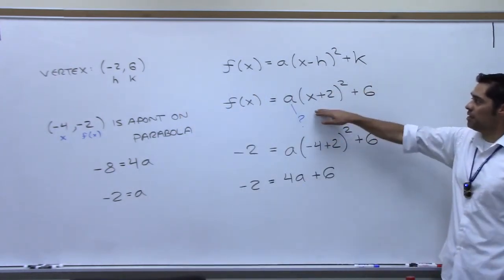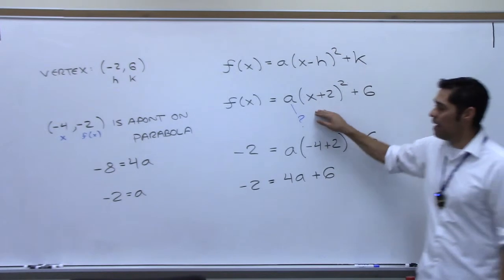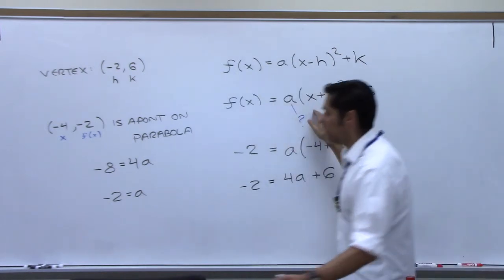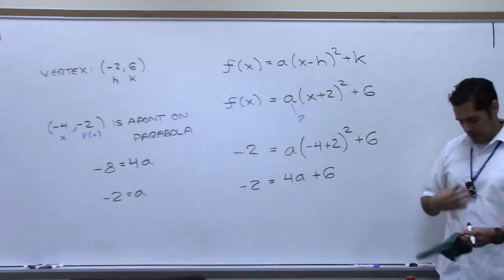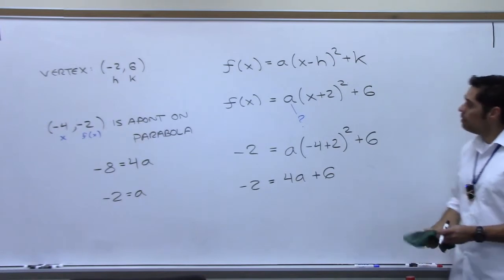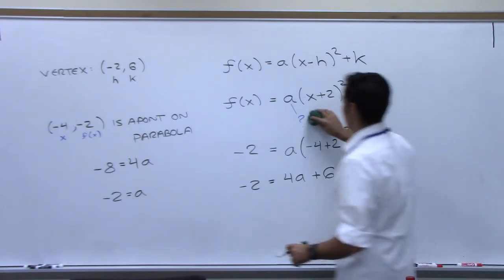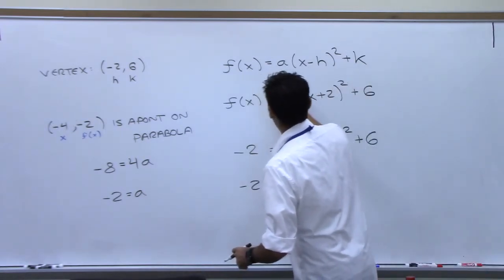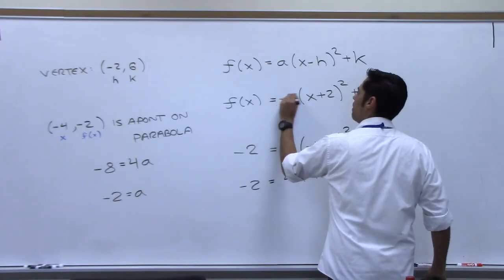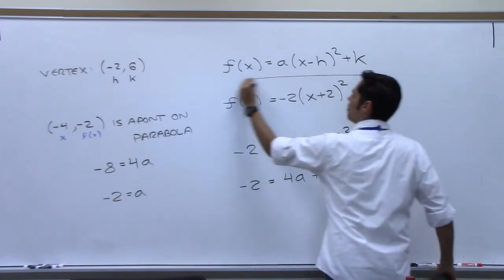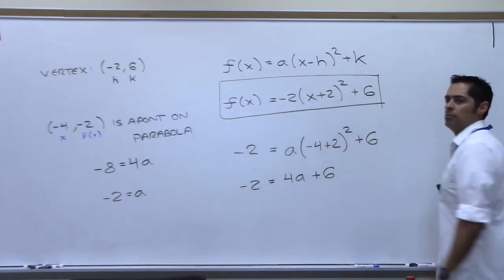So remember, all we needed to know was what A was, right? And we just figured out what A was. A is equal to -2. It's a coincidence. So this is -2, and that would be our final answer, because they want the function.